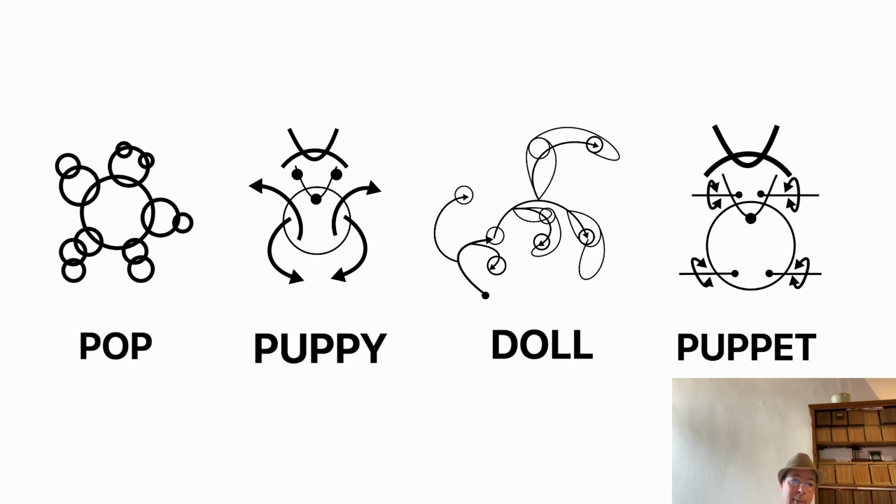They will be a little bit different and going to different directions. But you can recognize there's something else going on in pop, something else going on in puppy, something else going on in doll, and something else going on in puppet. And the emphasis also says something about these words.